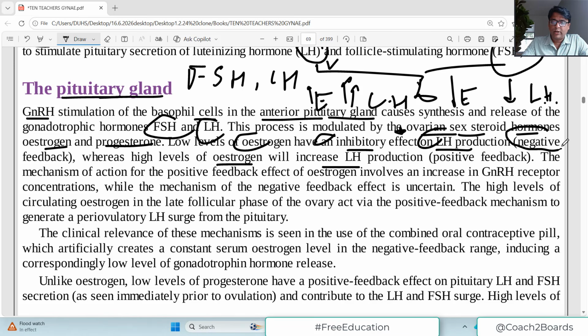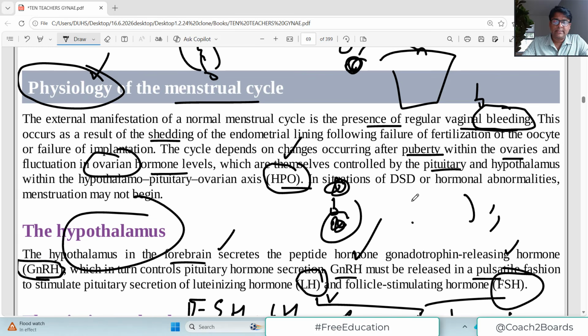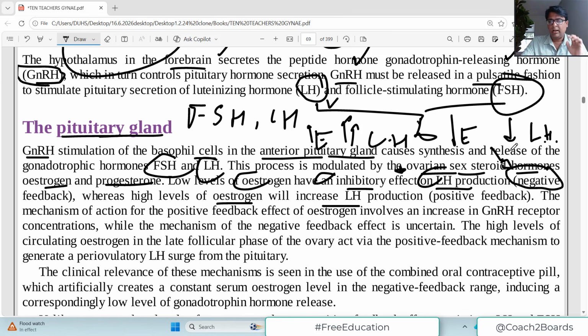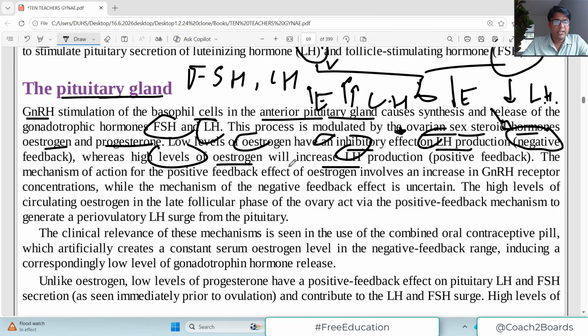एक्चुअली यहाँ पे बहुत सारे लोग argue भी करते हैं, but that is how you explain things. आपको basic core पता होना चाहिए. Many people argue that if one thing is increasing and the other is decreasing, this is what we actually truly call negative feedback in terms of physiology, right? That's the book, they have chosen this. So anyways, but आपको ये concept पता होना चाहिए कि high level estrogen increases LH production. Okay, the mechanism of action for the positive feedback effect of the estrogen involves, and बल्कि मुझे ये अटका हुआ है दिमाग में, to me this should have been a positive feedback instead of negative, right?